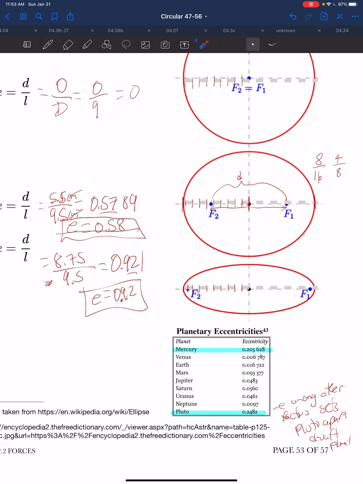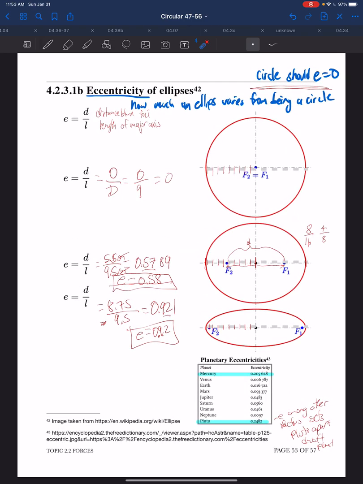So even Pluto, having the most eccentric of the orbits in this table, is far closer to being a circle than our case number 2. And when we look at Venus, for example, its orbit would look very much like number 1. We could not detect anything that deviates from the circle at this scale.